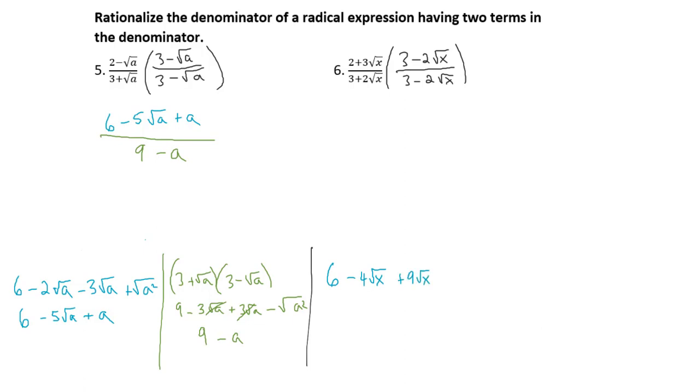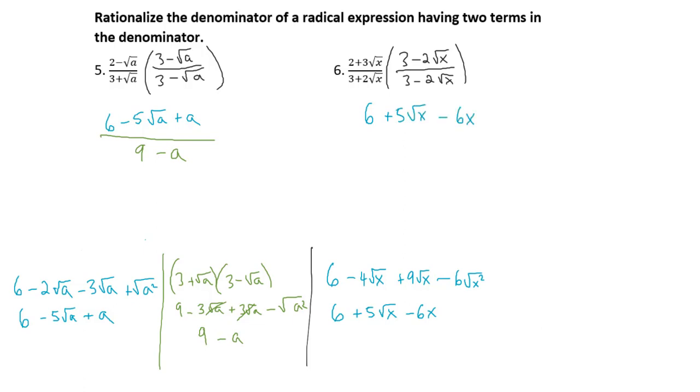And positive times negative gives you negative. 3 times 2 is 6, and square root of x times square root of x is square root of x squared. Go ahead and simplify that. That gives us 6. Negative 4 plus 9 would be a positive 5 square root of x. Minus 6 square root of x squared would be 6x. So on top we have 6 plus 5 square root of x minus 6x.